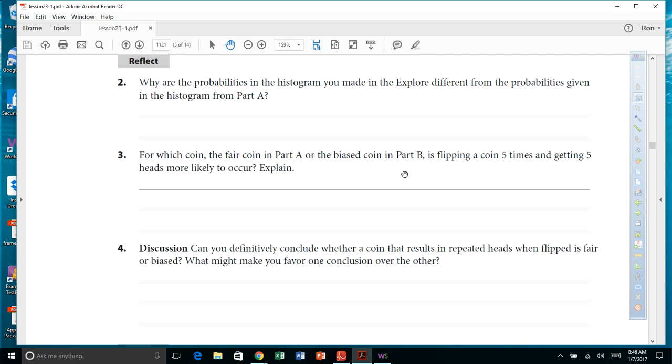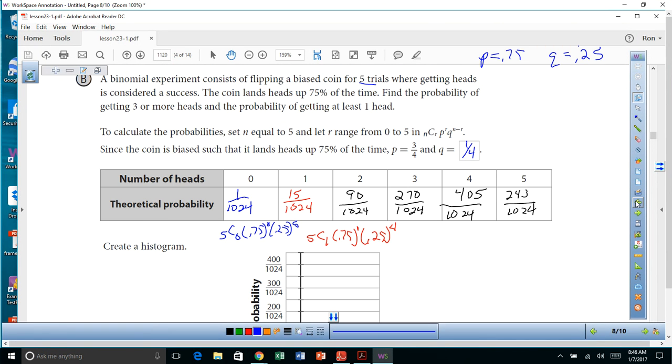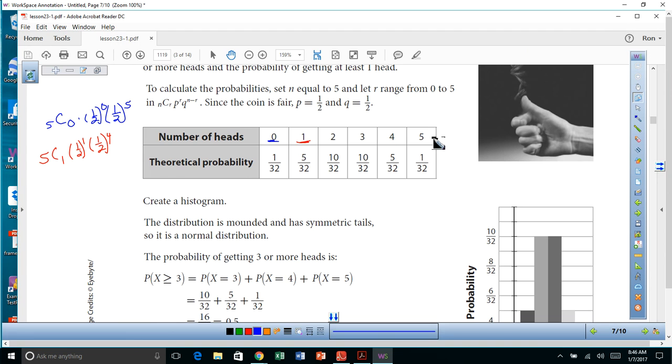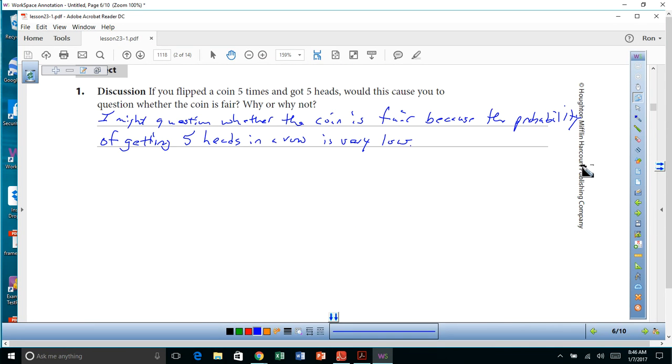Well, the histogram in the Explorer was based on experimental probabilities, so there's randomness in the results.